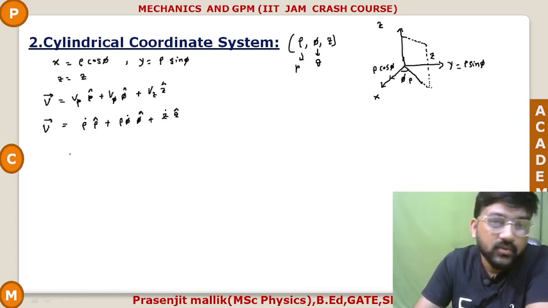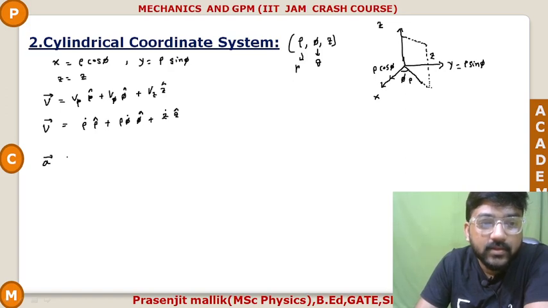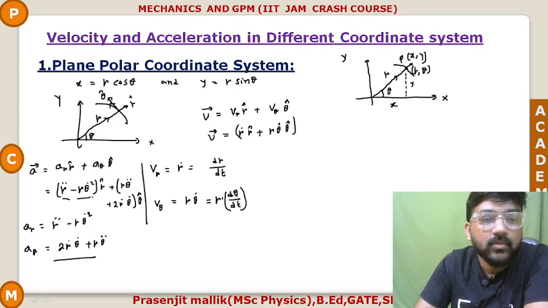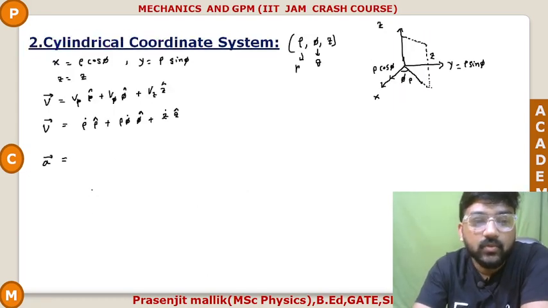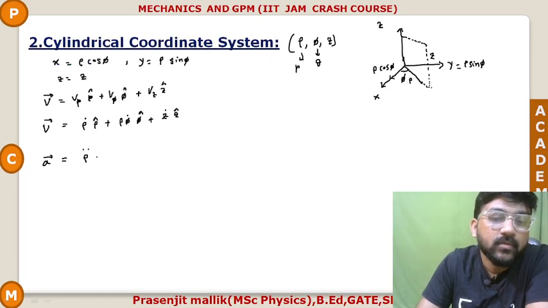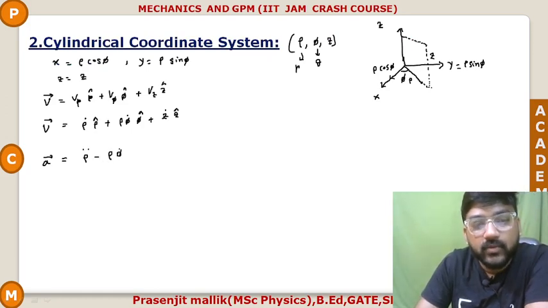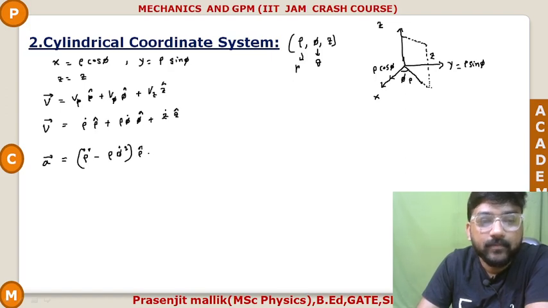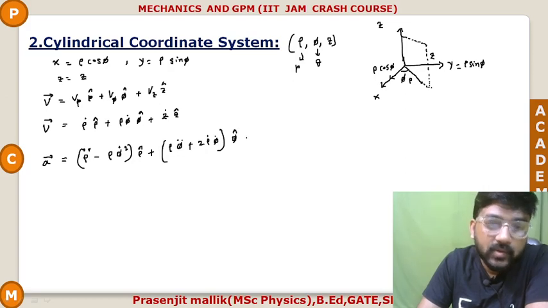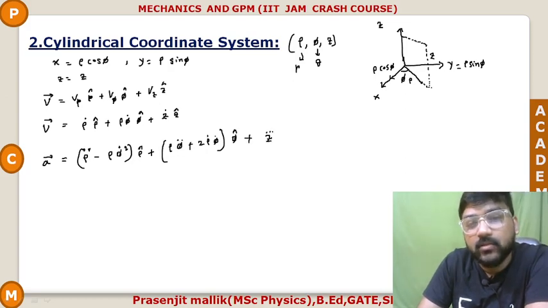Similarly, you can write the acceleration also, comparing with the previous one. The acceleration was r double dot minus r theta dot square, so instead of r we can write rho. So it will be rho double dot minus rho phi dot square into rho cap, plus rho phi double dot plus 2 rho dot phi dot into phi cap, and one more component, that is z double dot into z cap.